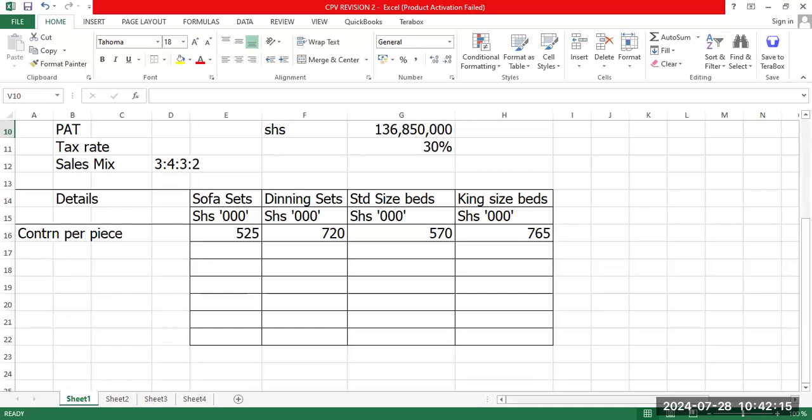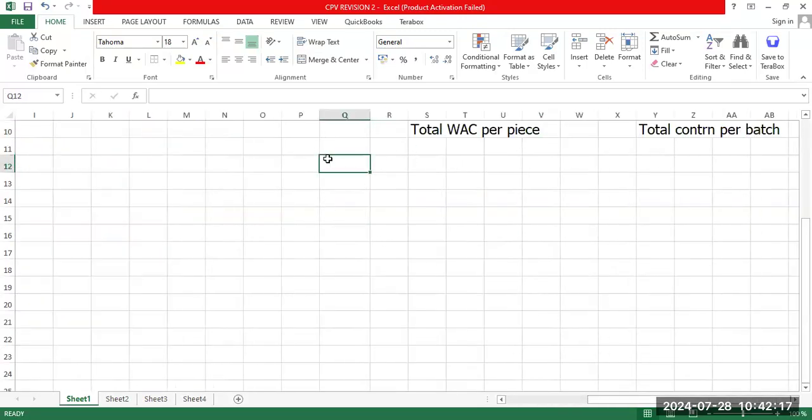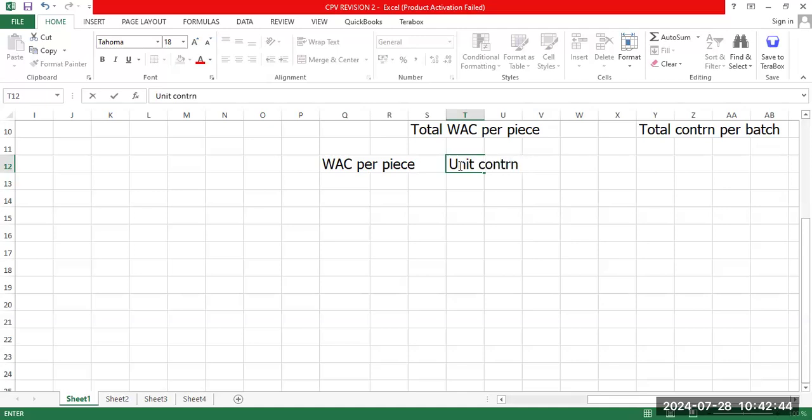And how do you get total weighted average contribution per piece? You get your unit contribution, or contribution per unit, then you multiply by sales mix.